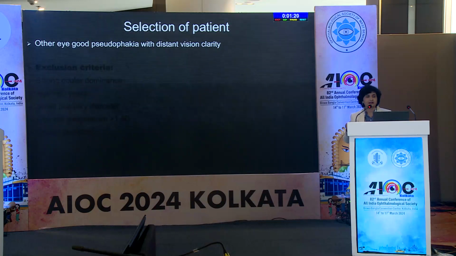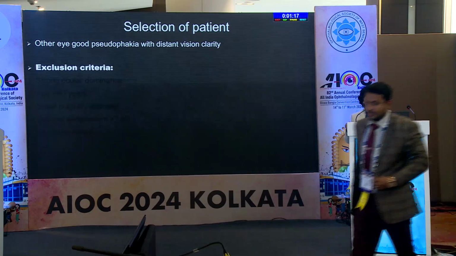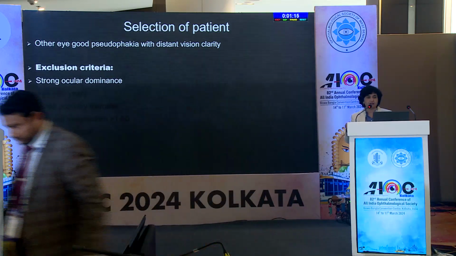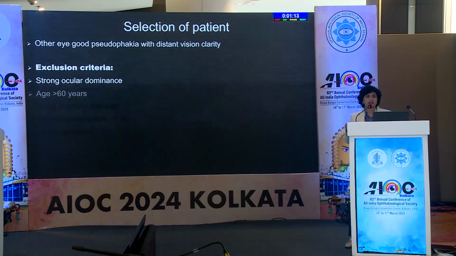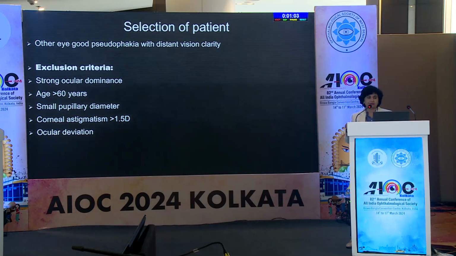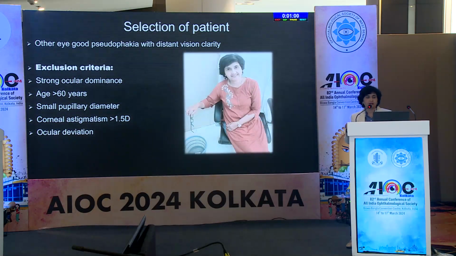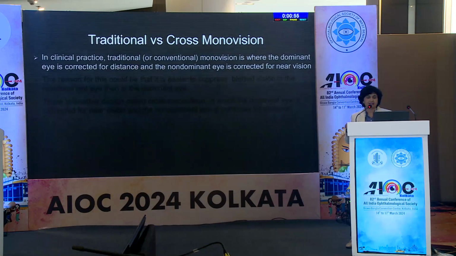So here, you need the other eye to be a good pseudophakia with distant vision clarity, and what do you exclude? A strong ocular dominance, those who are more than 60, I would say 70 plus, people with small pupillary diameter, corneal astigmatism more than 1.5. Don't do it for those, and for those who desire totally spectacle-free vision.